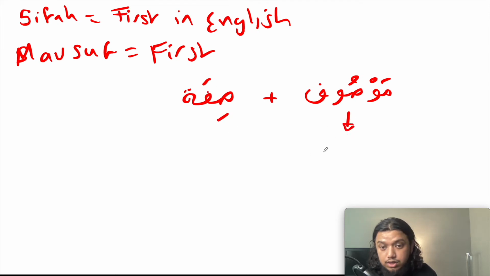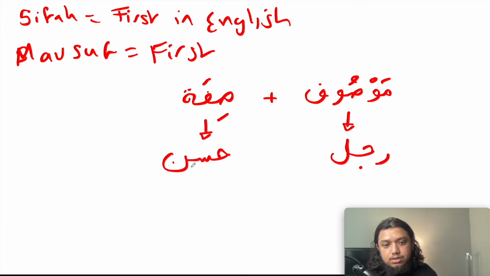The thing being described comes first, such as man, and the adjective comes second. Hasan, good. So rajulun hasanun means a good man.